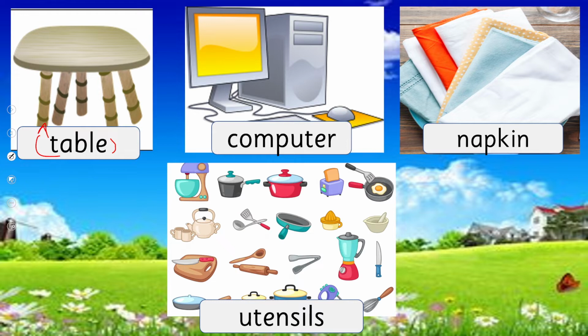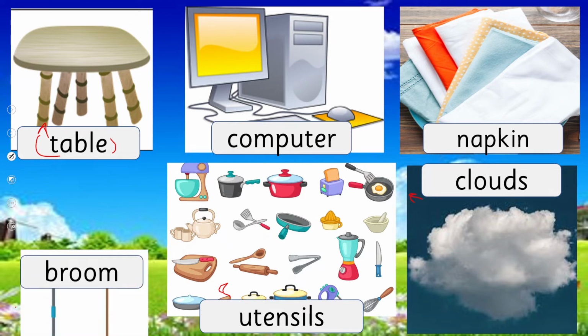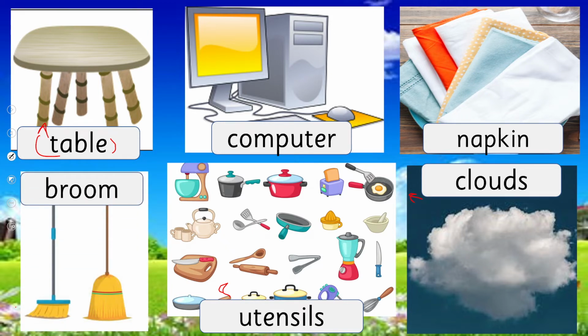Yes, utensils. All pots in our home that you see and in kitchen, so all pots are also neuter genders. Okay. Clouds. Yes, clouds are also neuter gender, my dear students. And because clouds do not have any male gender or female gender, that's why they are included in neuter gender. So next is broom. Yes, broom is also a neuter gender.